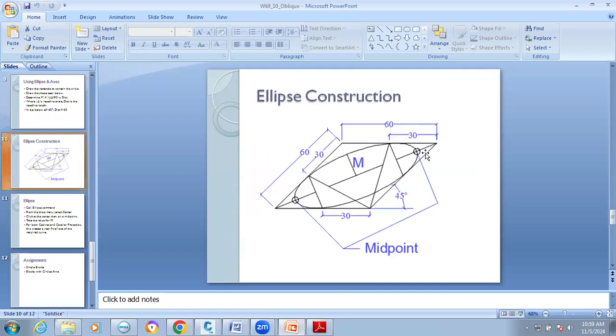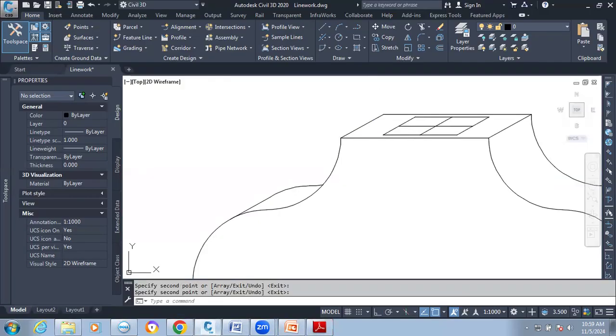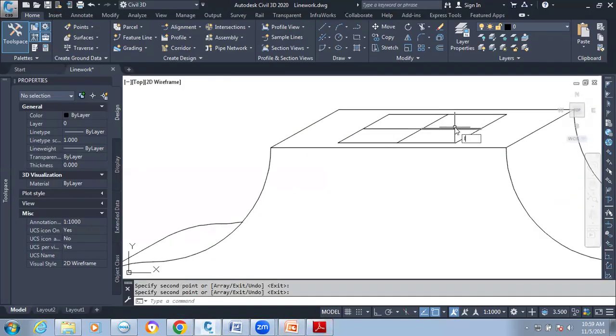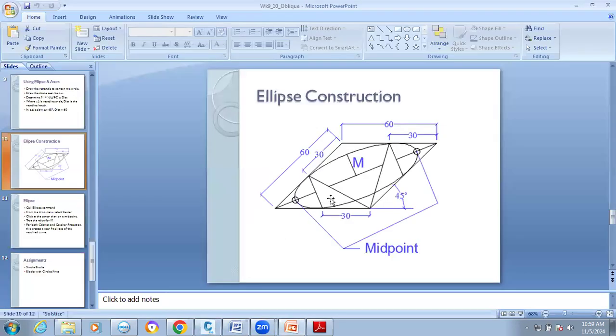I want to draw the one diagonal and then the M are the center points. So just trim off between here and then find the distance M.